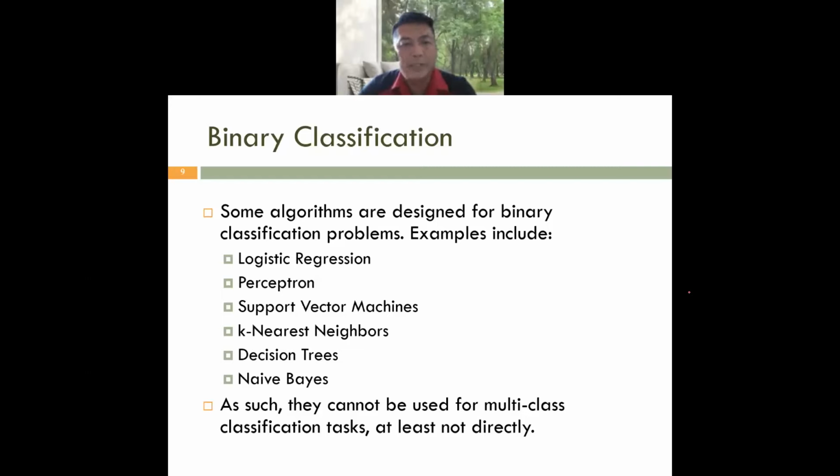So these are some of the algorithms which are designed for binary classification: support vector machine, k nearest neighbor, decision tree, naive Bayes, perceptron, logistic regression, and many more. We will cover all of these.